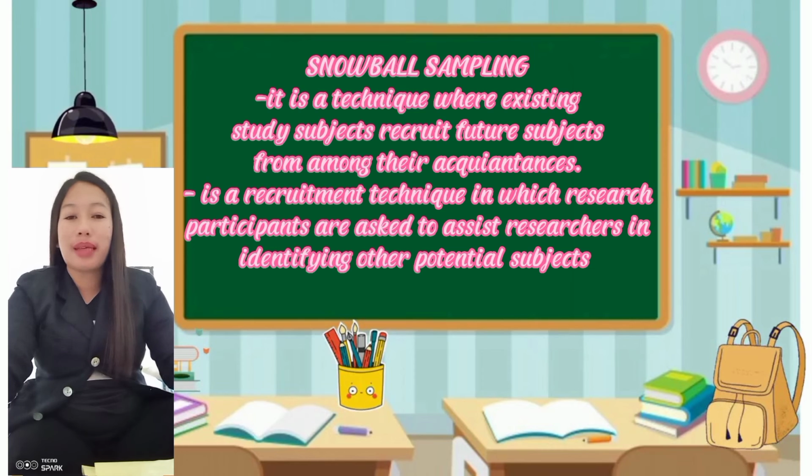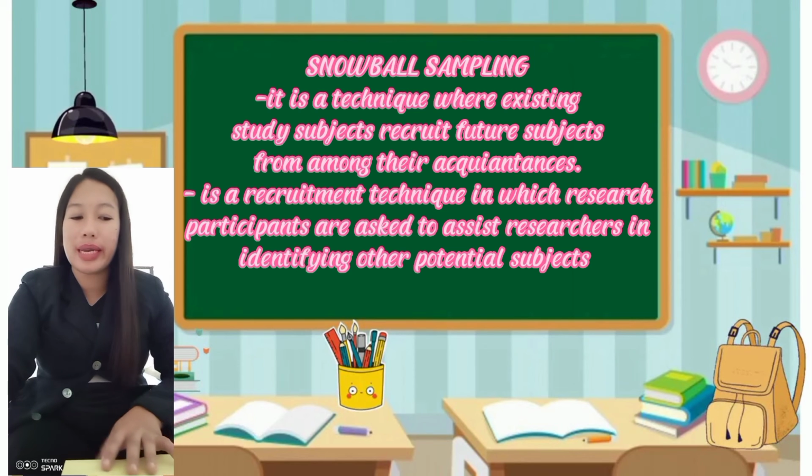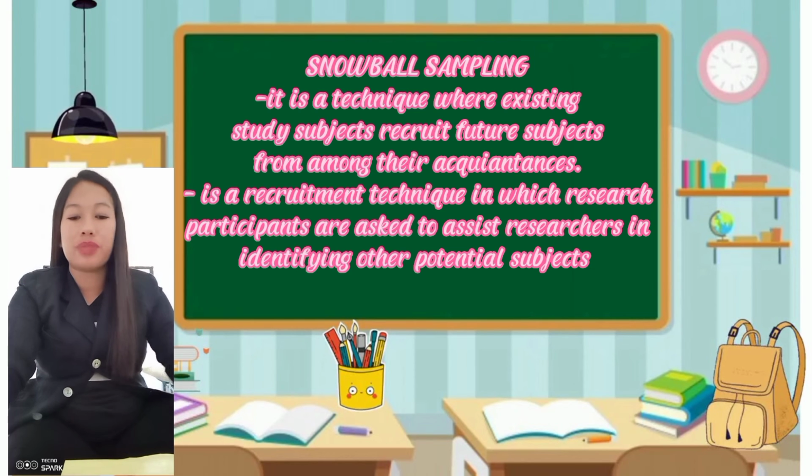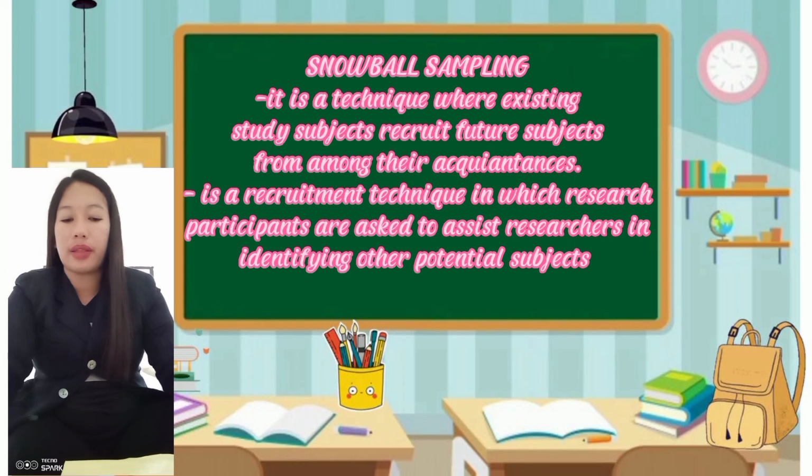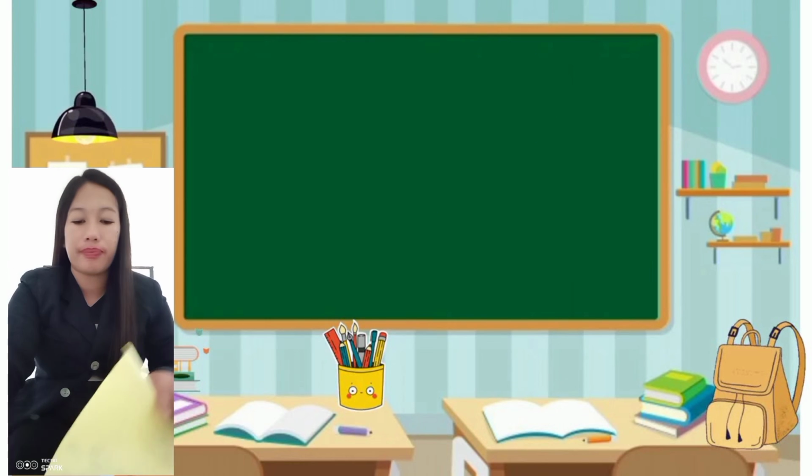Snowball sampling is a technique where existing study subjects recruit future subjects from among their acquaintances. And it is a recruitment technique in which research participants are asked to assist researchers in identifying other potential subjects.